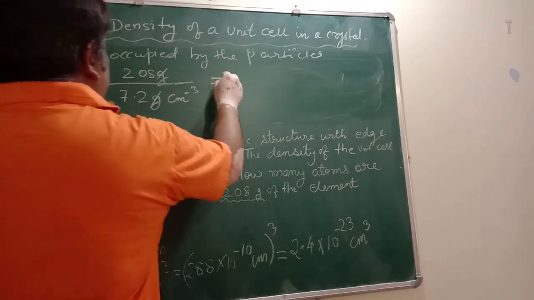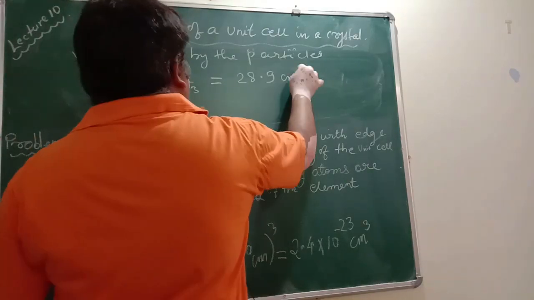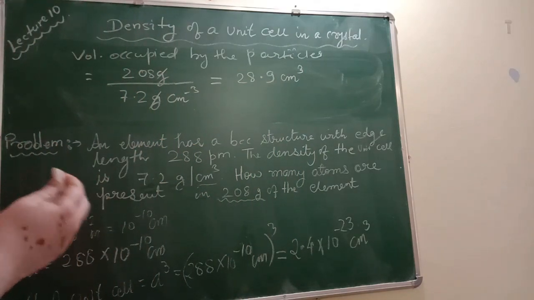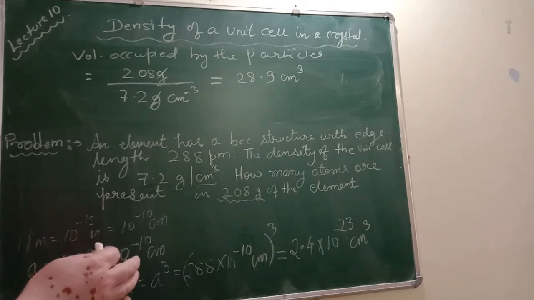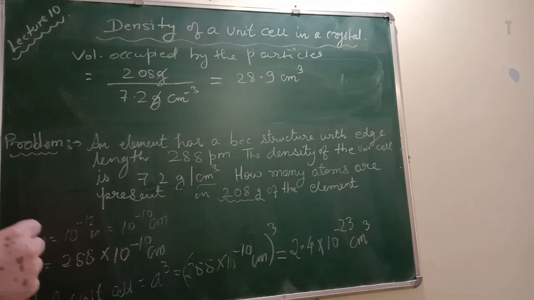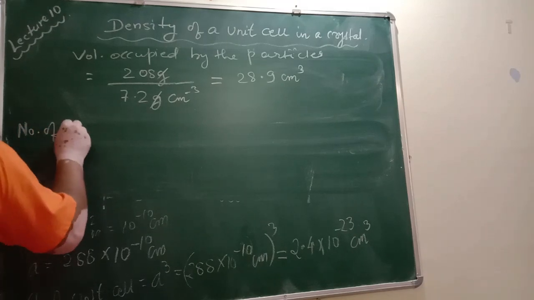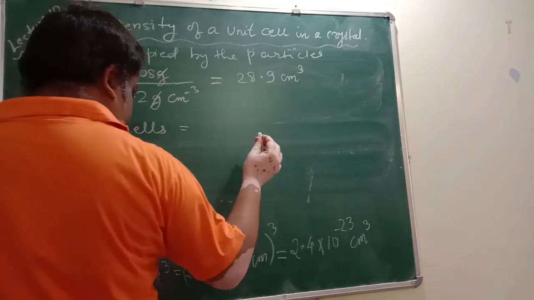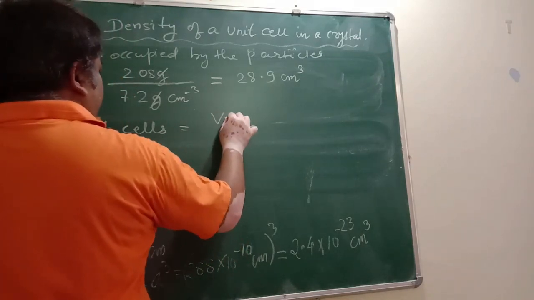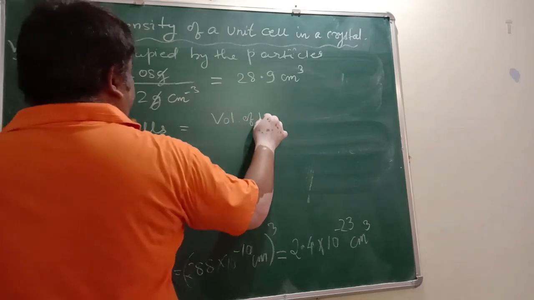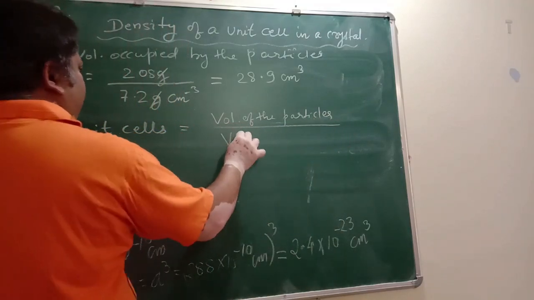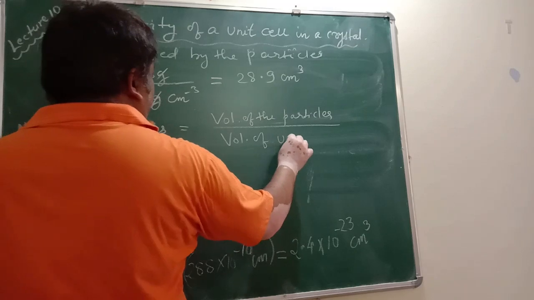So gram will nullify and this value will come out to be in centimeter cube. Now when we know the volume occupied by the particles and the volume of the unit cell, we can find out how many unit cells there are. So the number of unit cells will be equal to the volume of the particles divided by the volume of the unit cell.